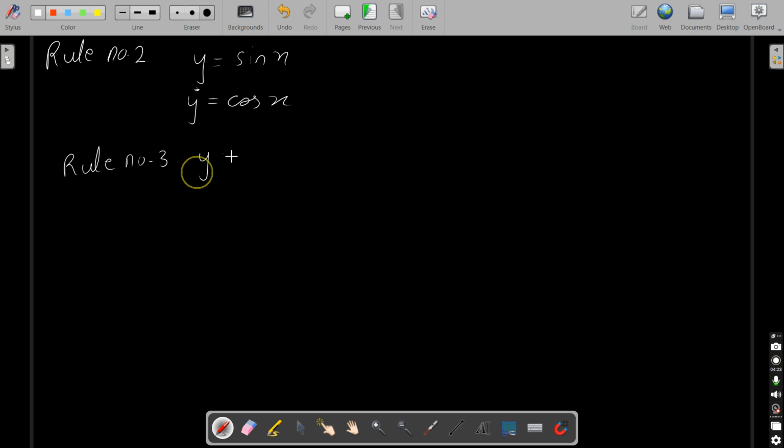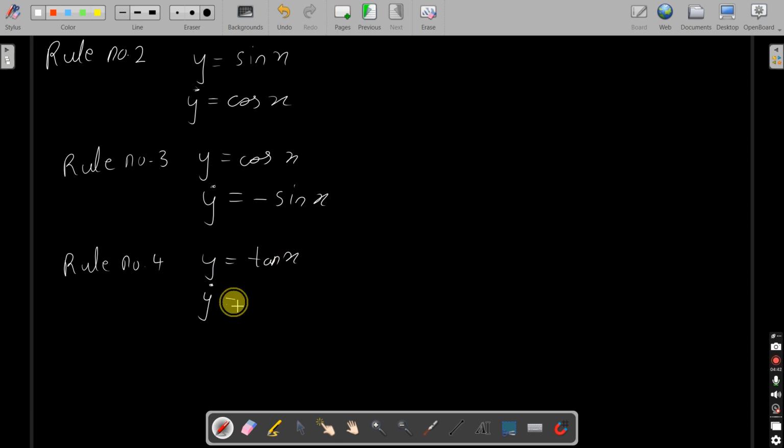If y is equal to cos x, then y dot will be minus sin x. Rule number 4. If y is equal to tan x, then differentiation of y with respect to x will be sec square x.